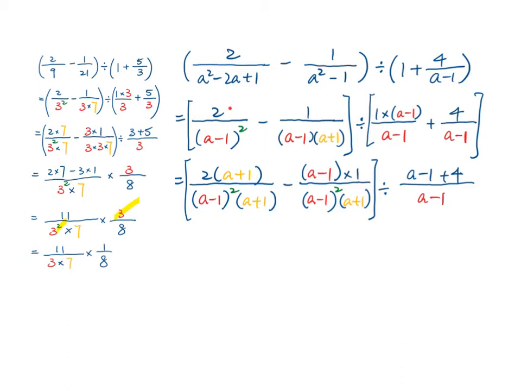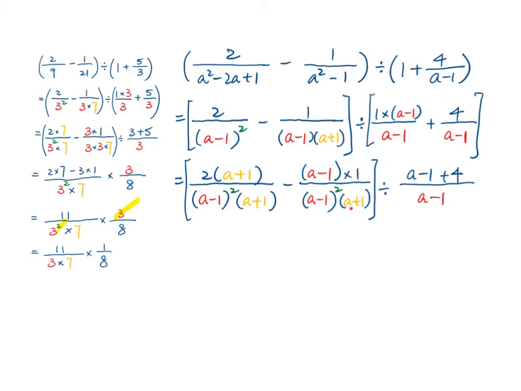And for this term, because the denominator has to become this to include the (a plus 1) term, the numerator has to also multiply by (a plus 1). Same for the second term here.